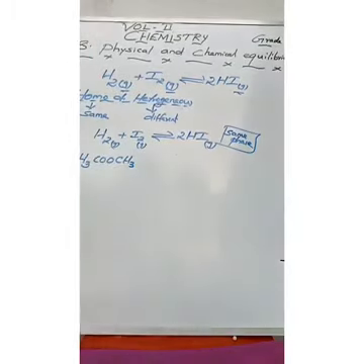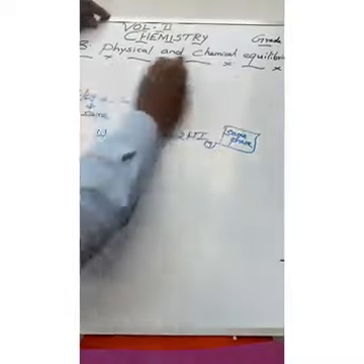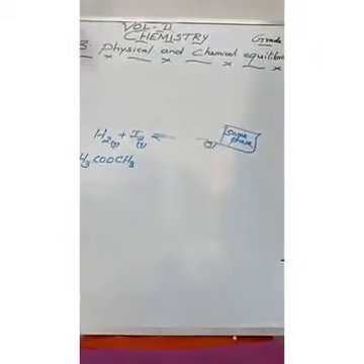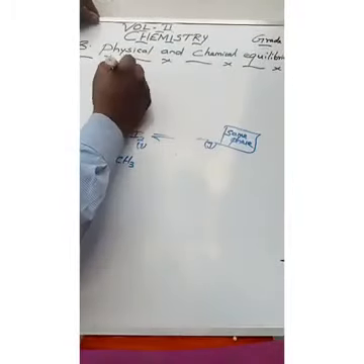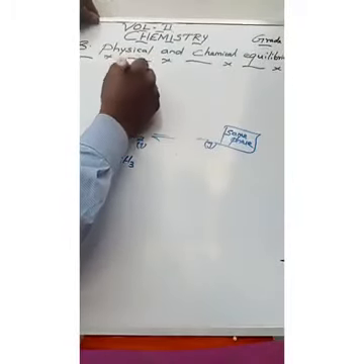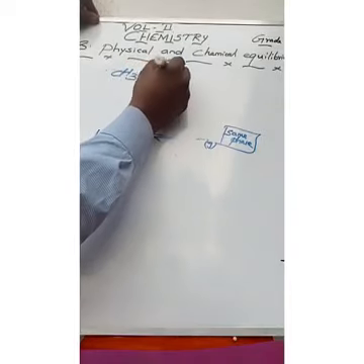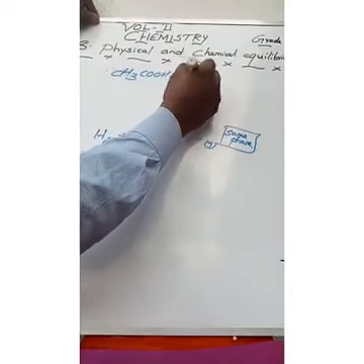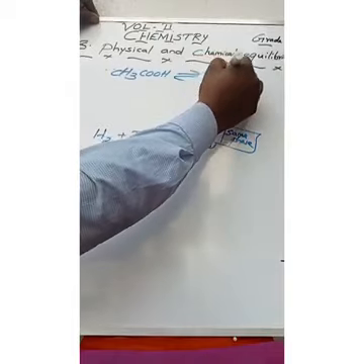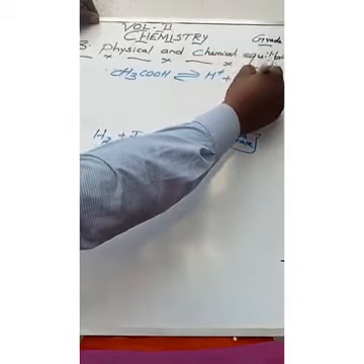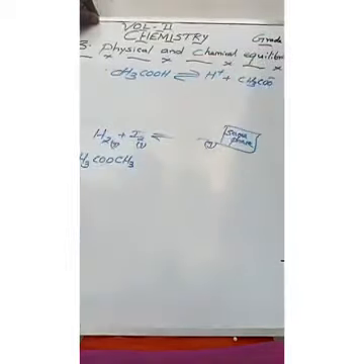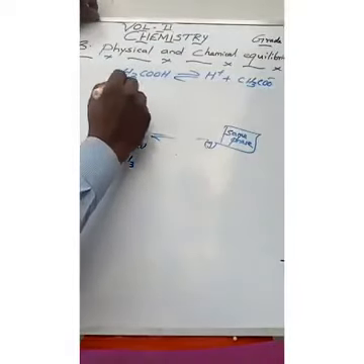How will you write methyl acetate? Start with acetic acid. What is the formula for acetic acid? Acetic acid is CH3COOH. This undergoes dissociation, and we get H+ plus acetate, CH3COO minus.